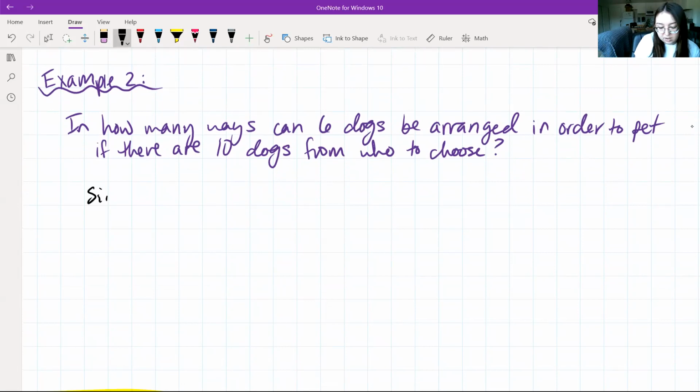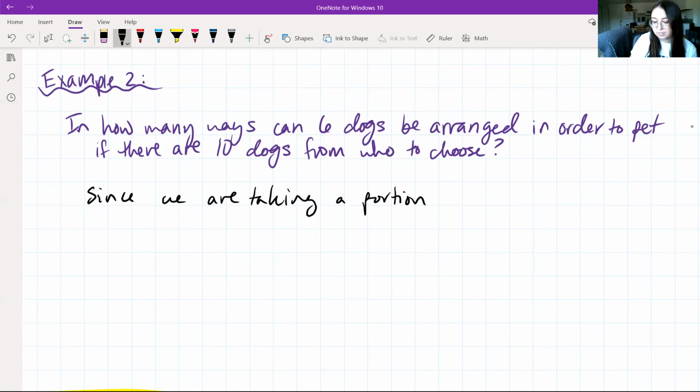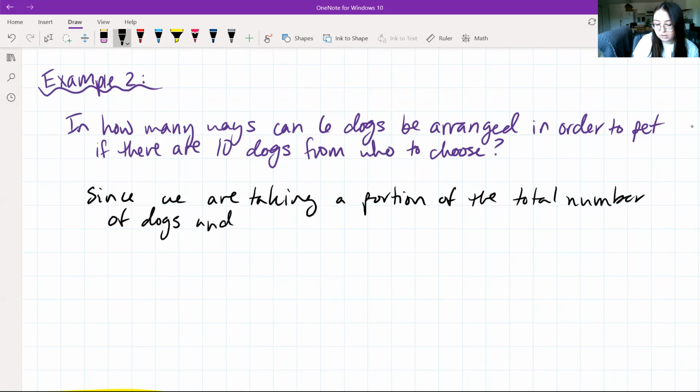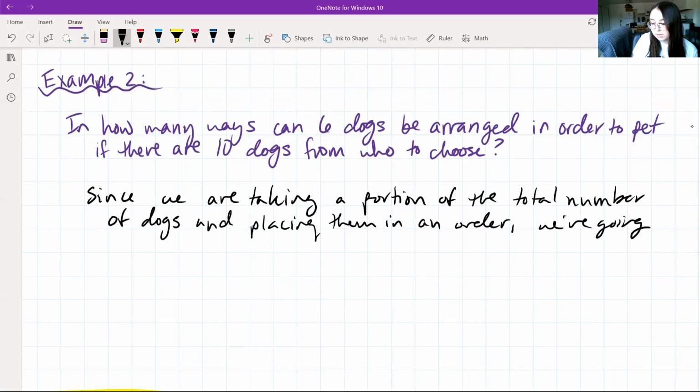So since we are taking a portion of the total number of dogs and placing them in an order, we're going to use our permutation formula.